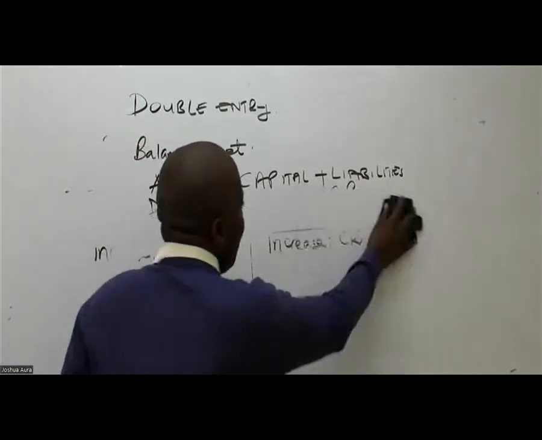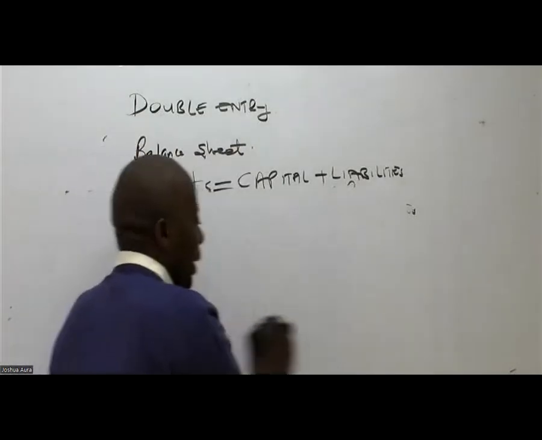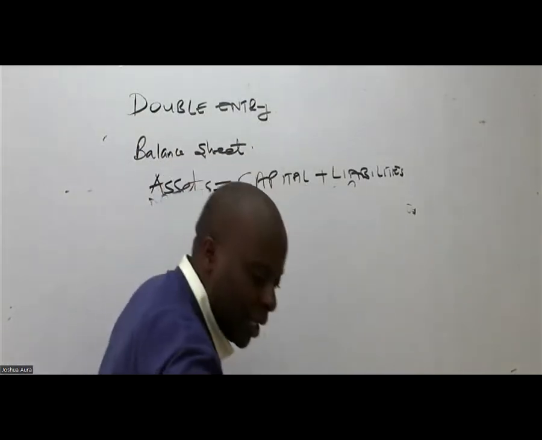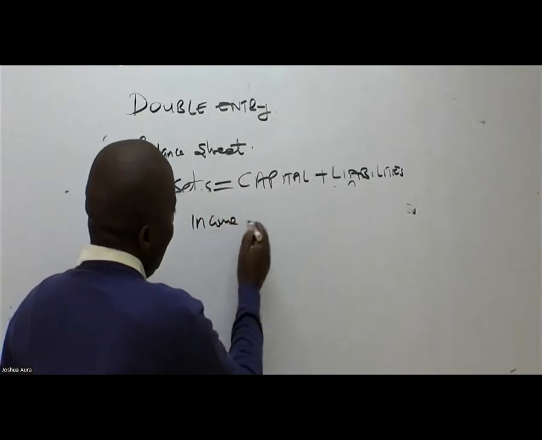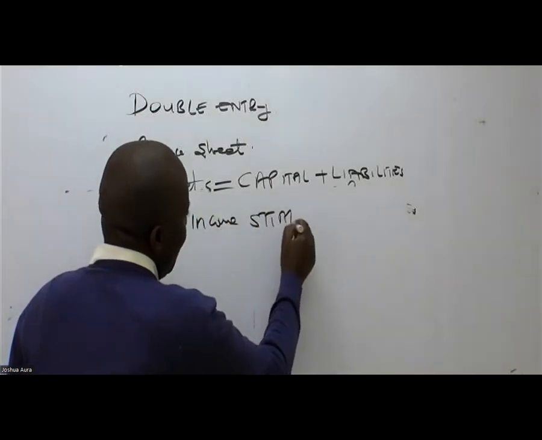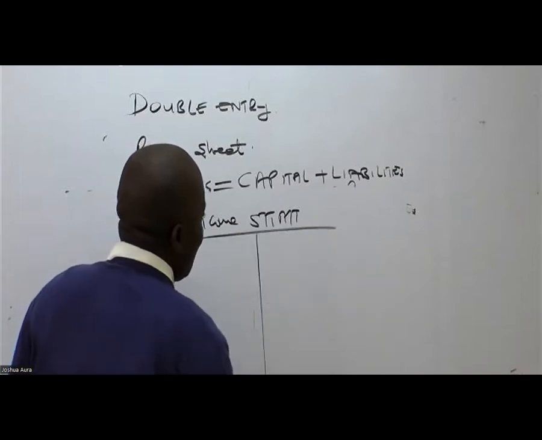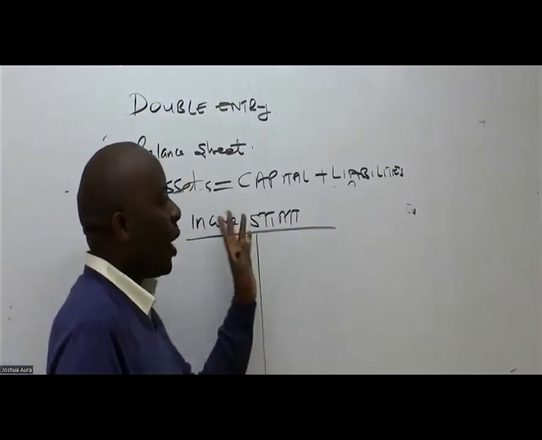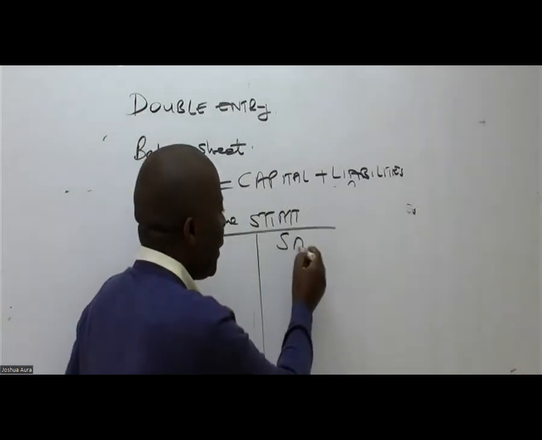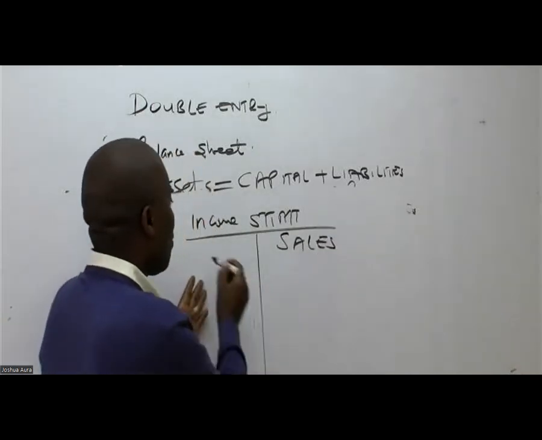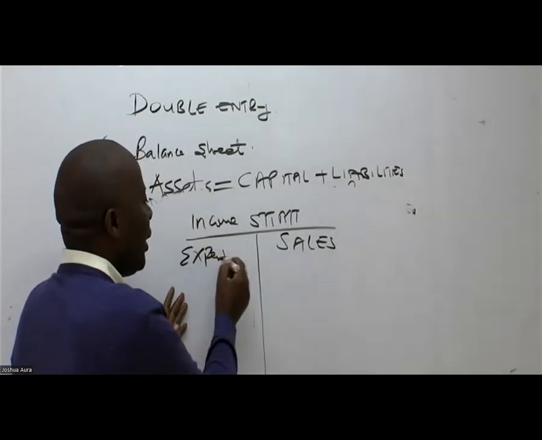And of course, ladies and gentlemen, we have our income statement. If I present this income statement in the form of a T account, which nowadays we don't do, remember the incomes were always being credited. Here we would have the sales, while the costs, the expenses, are on the debit side.